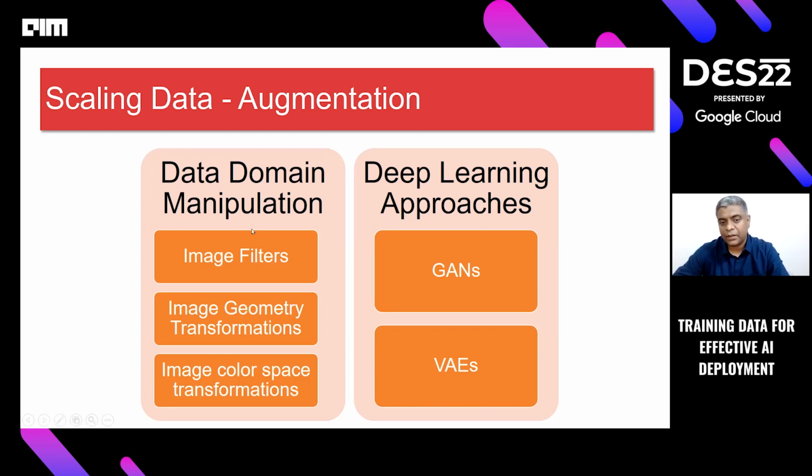In this example, in the computer vision space, image filters and various transformations can be used to transform an original image into various ancillary images, which are then used for training. A similar approach can be done with deep learning techniques where GANs are used to generate images based on original images.